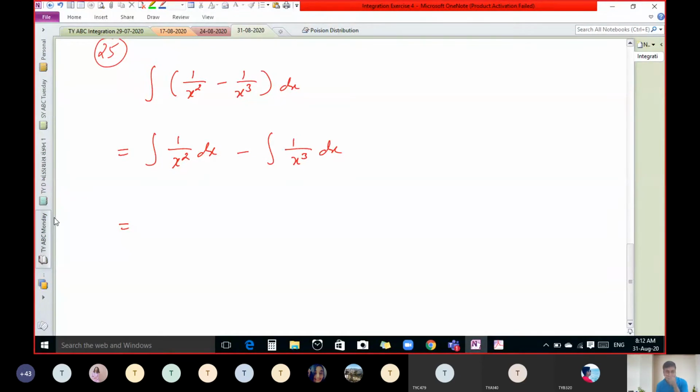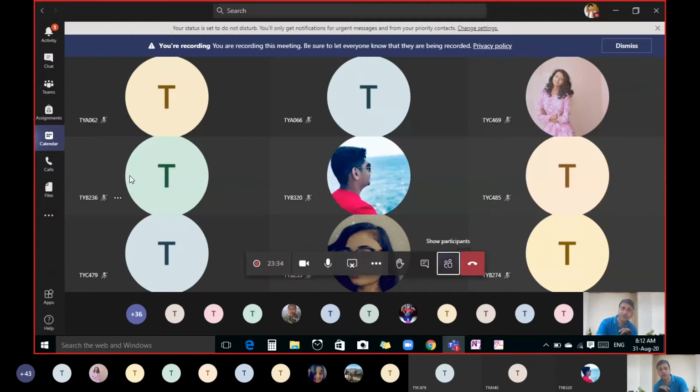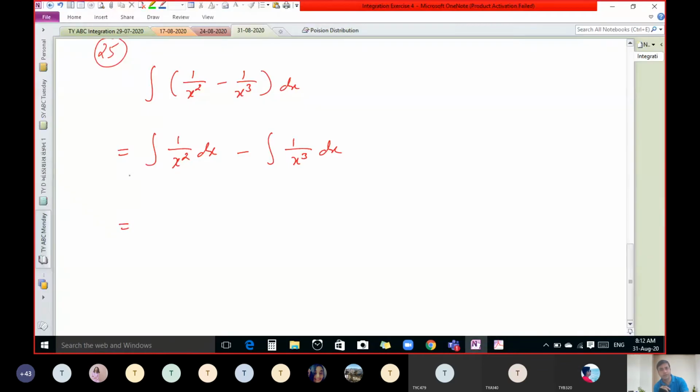Next step. How to find the integration of 1 upon x square? You can also write 1 upon x square as x raised to minus 2. Perfect, very good.